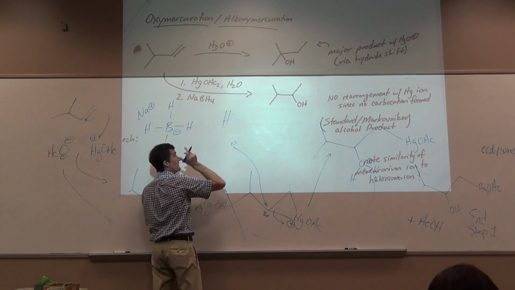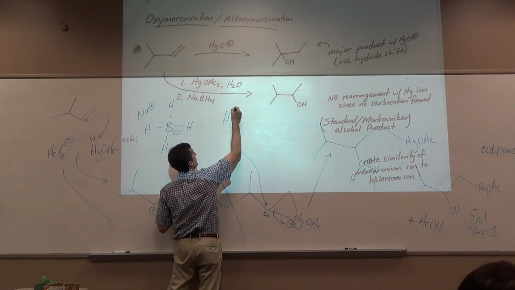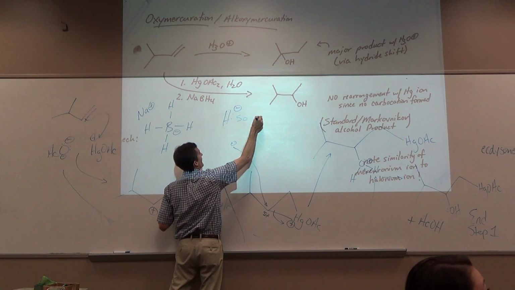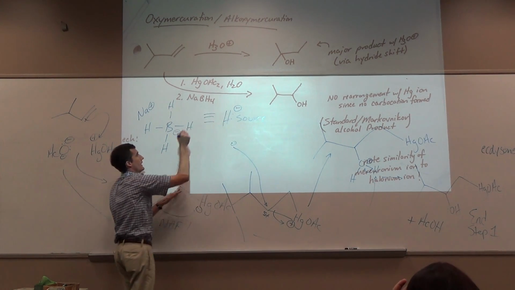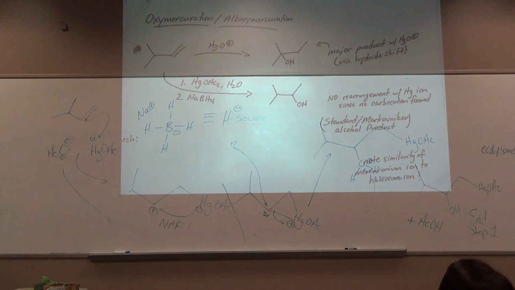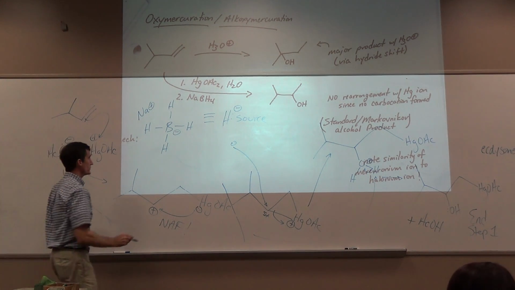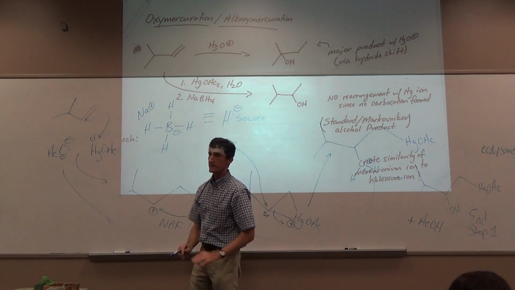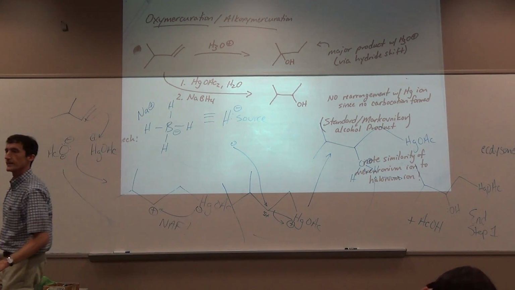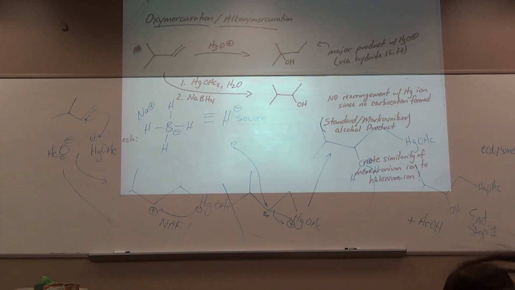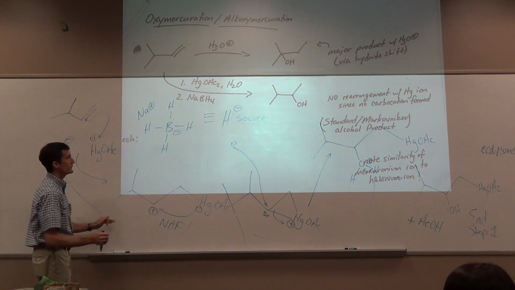What do we call this? Sodium borohydride is a hydride source. Why is it a hydride source? Because first off, boron, you can never make boron happy. It either doesn't have an octet and it wants electrons. If you give it electrons, well then it's got a minus charge and it doesn't want a minus charge. You can't make boron happy.